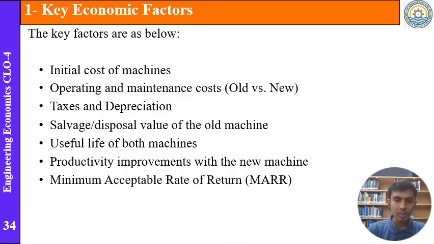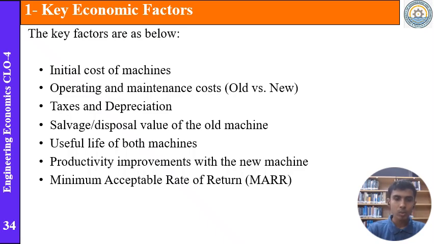So here are the important key factors that I need to know in order to do the engineering economic analysis. The first one is the initial cost of the machines, that is, the cost for which the machines are purchased. The second one is the operating and maintenance cost. It is quite certain that the maintenance and operating cost of the robotic arm project would be higher than that of the manual or semi-operated line.